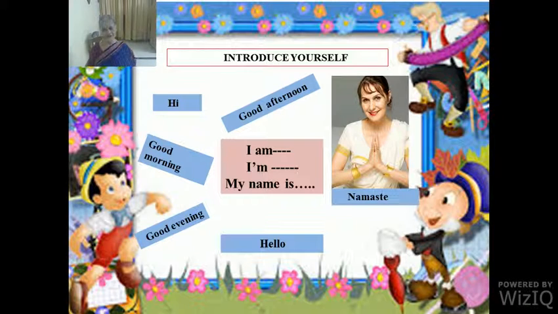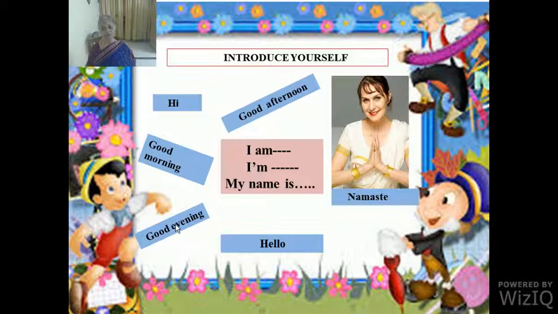Today our first class will be on basic introduction, or introducing yourself. We are all well aware that whenever we meet a person, we greet a person, and the most common methods that we use to greet a person is to say good morning, good afternoon or good evening.